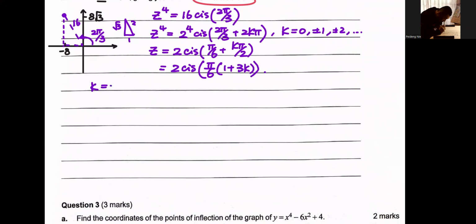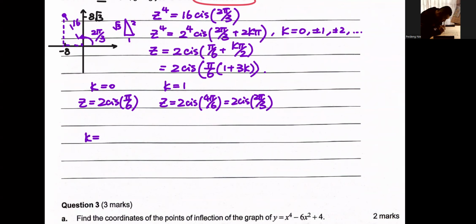Now, if k equals 0, z is 2 cis pi over 6. K equals 1, z equals 2 cis 4 pi over 6, and that is 2 cis 2 pi over 3.